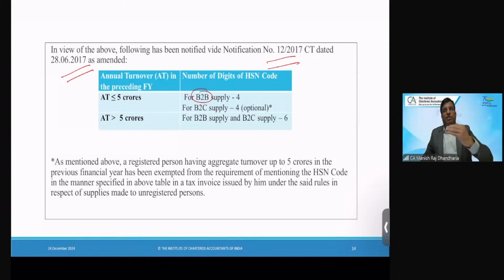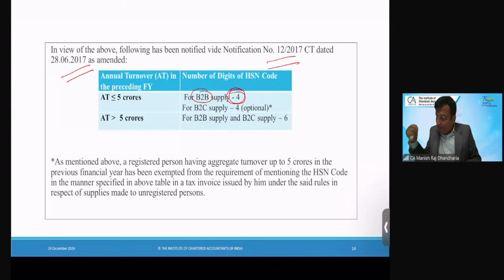Simply, if the recipient provides its GST number, then it is B2B. In that case, you have to mention 4-digit HSN code. Okay. 4-digit, basically first 2 digits are for chapter. Second 2 digits are for heading. तो आपको 4-digit का HSN कोड प्रोवाइड करना है इन केस ऑफ B2B सप्लाईज.